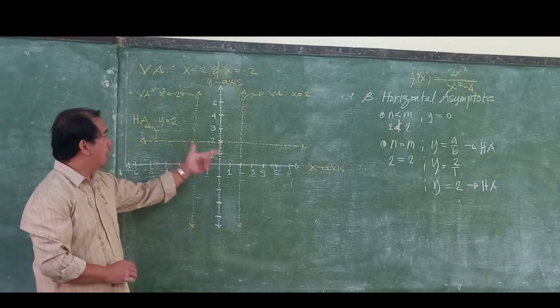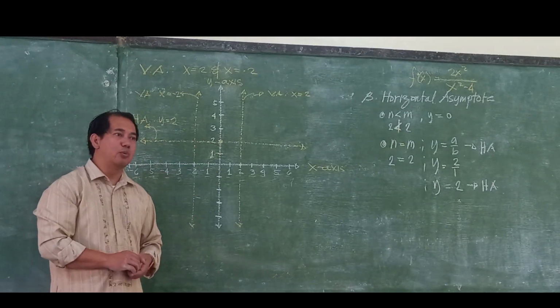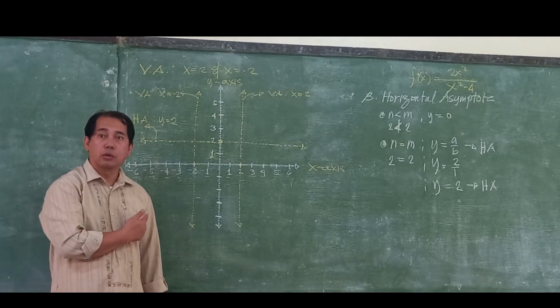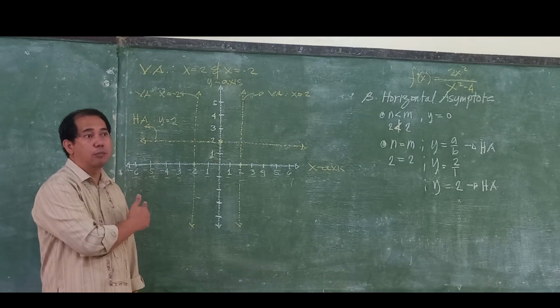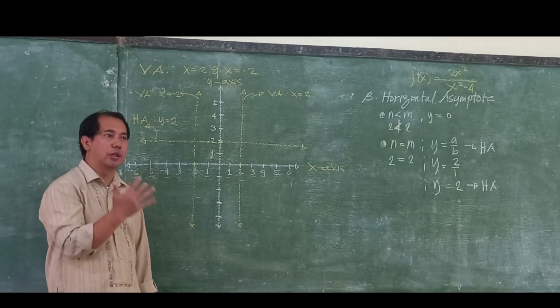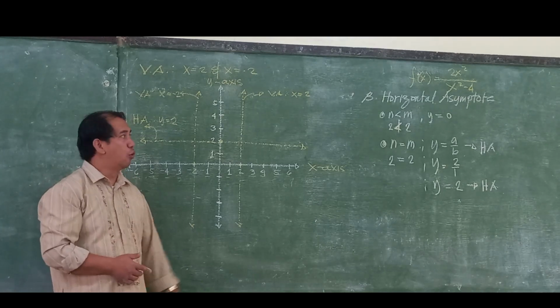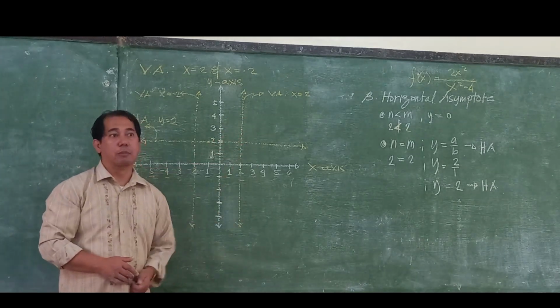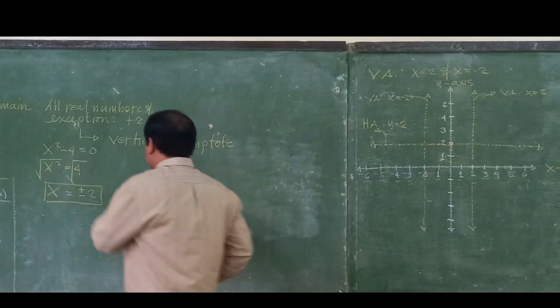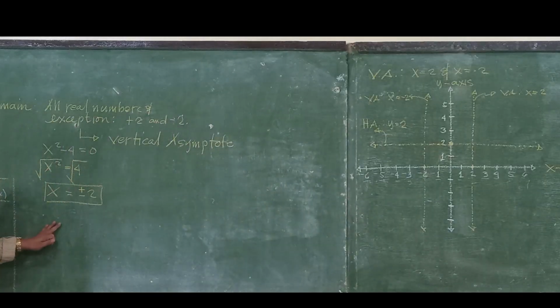After having this one, that's the time we're going to continue our graphing. Did we locate the asymptotes? Yes, we have already located them. The next thing we're going to do is evaluate and graph fully the rational function. Let's evaluate.